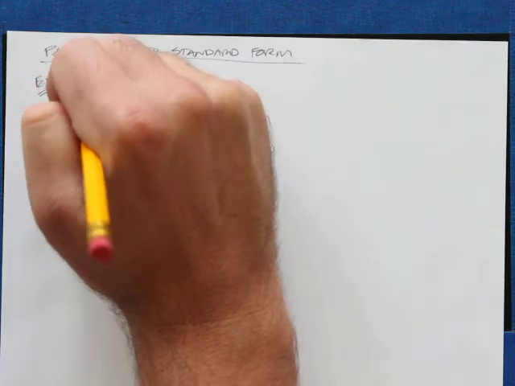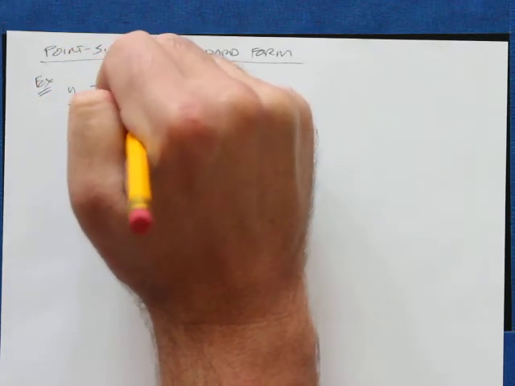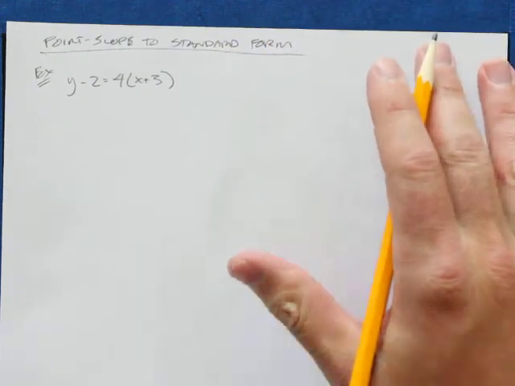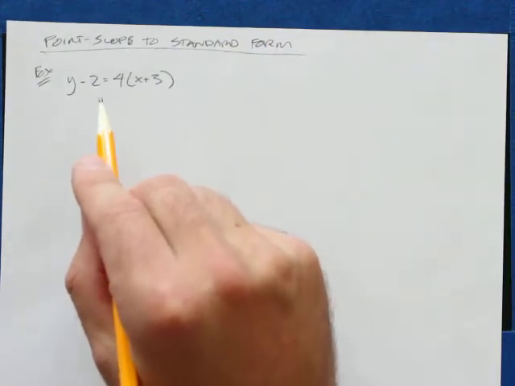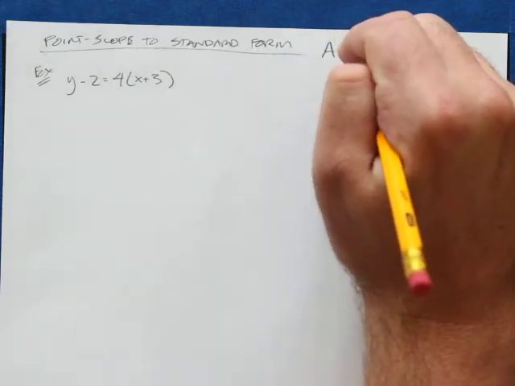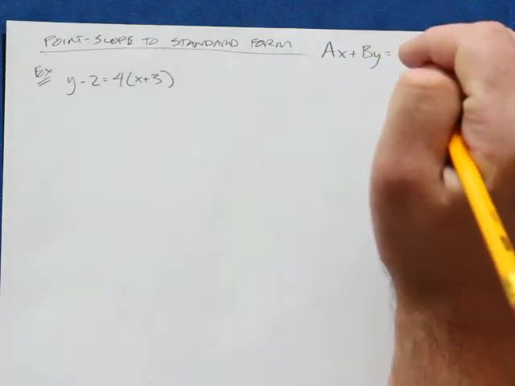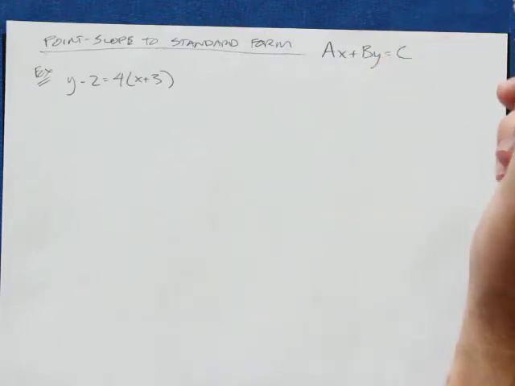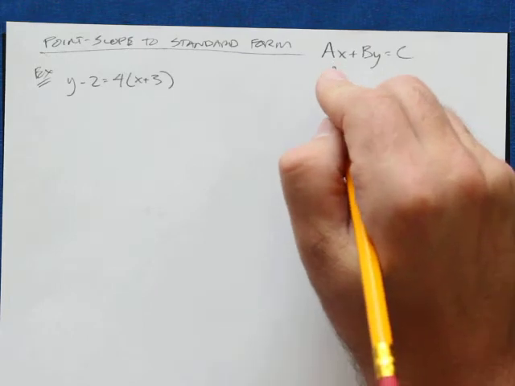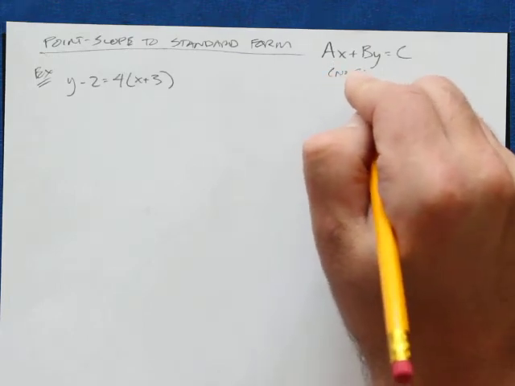It's already ready: y minus 2 equals 4 times x plus 3. Okay, so I want to change this to standard form. Remember, standard form is ax plus by equals c. And we don't get to have any fractions. So remember that. No fractions.